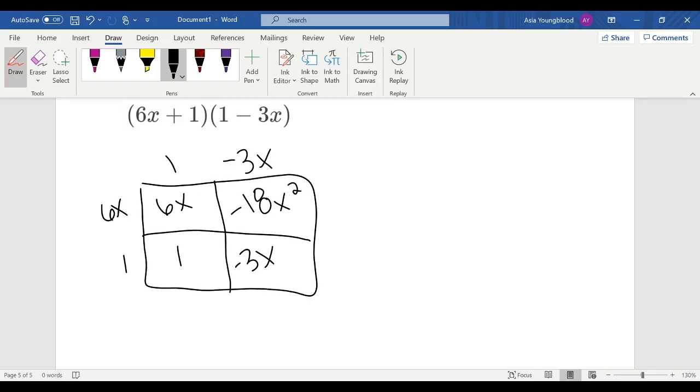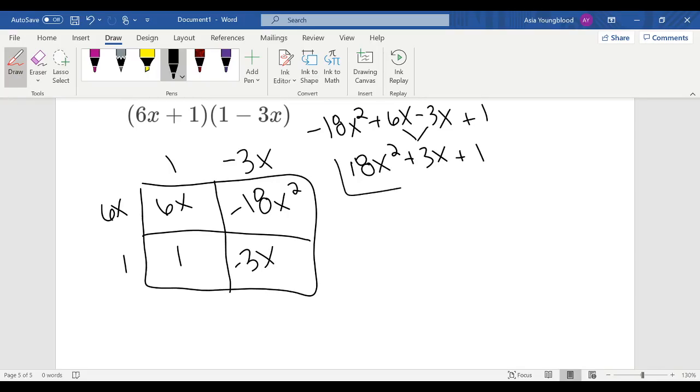So for this one, we're going to have negative 18x squared plus 6x minus 3x plus 1. Our like terms are the 6x and negative 3x. So that's going to get us negative 18x squared plus 3x plus 1. So that would be our final answer for that Khan Academy problem.